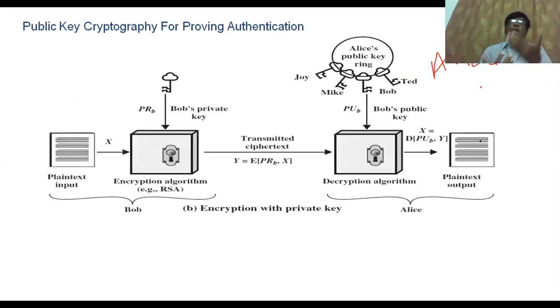Suppose I have received a mail, or a post with some cover, and I opened that cover, and it has one document with our principal's signature. I know how our principal's signature looks.